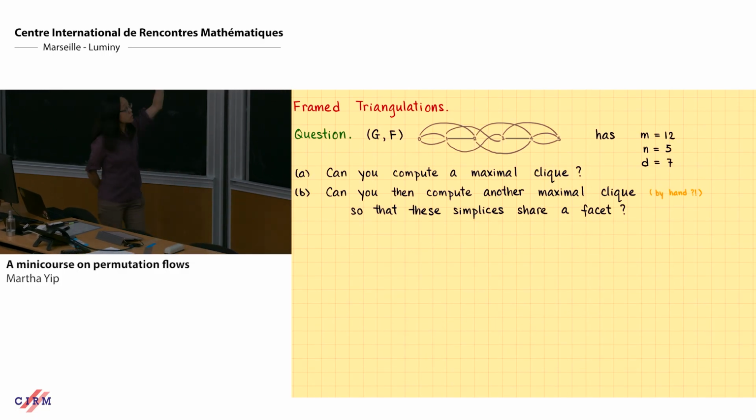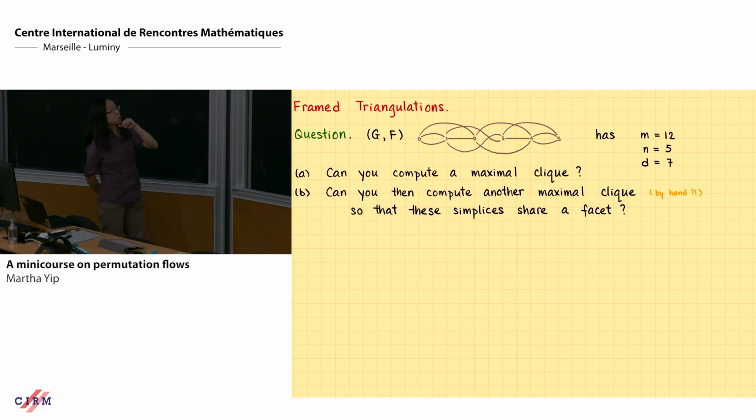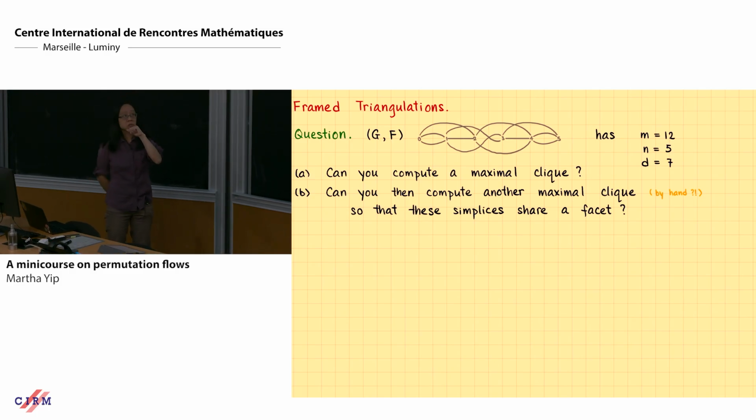Okay. So I left lots of space in this slide, and when I'm teaching calculus to my students, they know that usually they have to do a lot of work now. Okay, so let's see. This is a graph, and again, sanity check: 0, 1, 2, 3, 4, 5, N is 5, dimension 7.